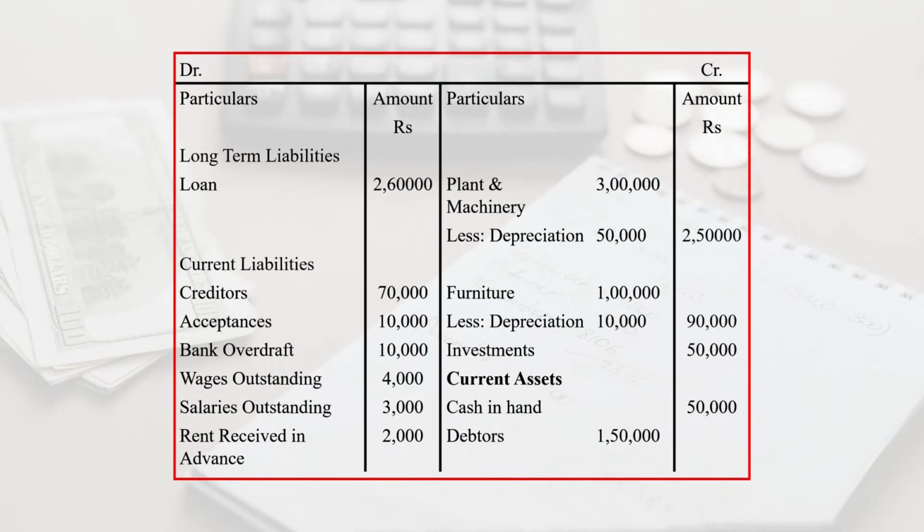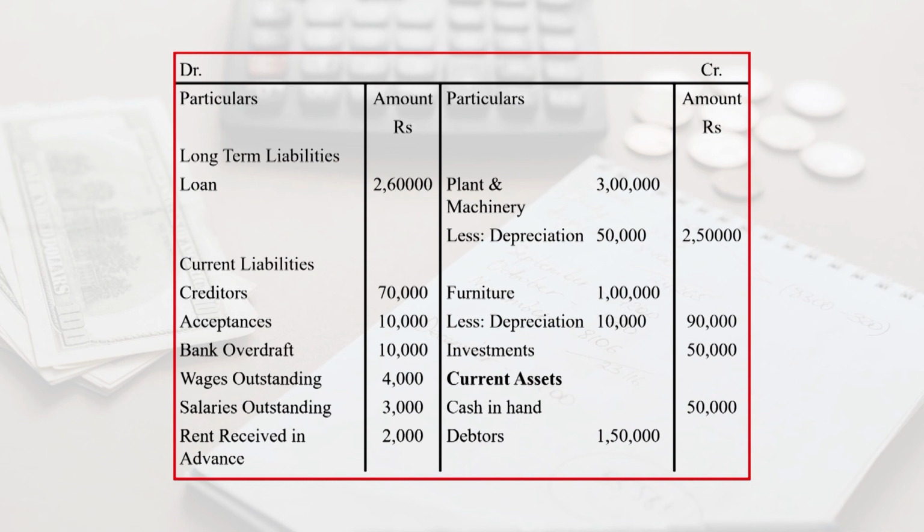Then plant and machinery 3 lakh provided inside the trial balance, and depreciation we have calculated 50,000. After subtracting the depreciation from the concerned fixed assets, it becomes 2 lakh 50,000. Then furniture 1 lakh provided inside the trial balance, and we have calculated depreciation of 10,000. So the net amount of furniture after subtracting depreciation becomes 90,000.